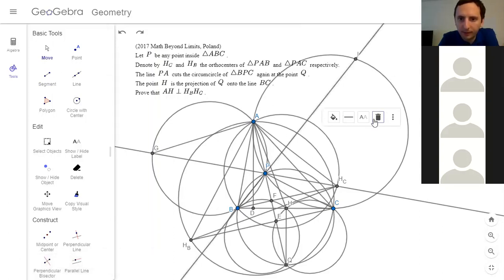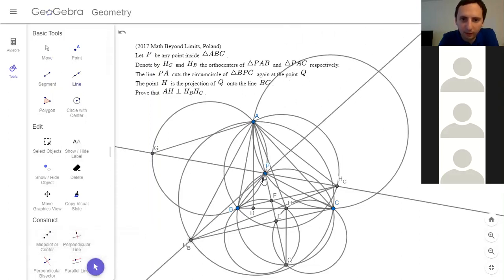Yeah, I drew BP instead of HBP. So yeah, we have like two parallelograms. I don't know how much this helps.